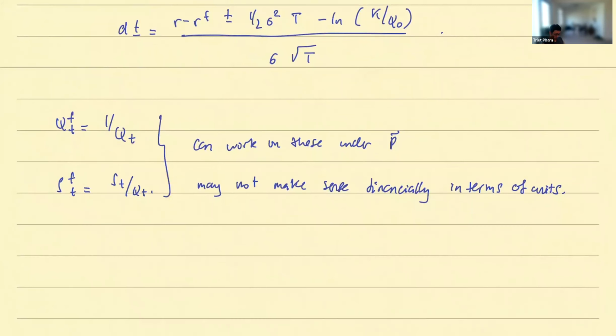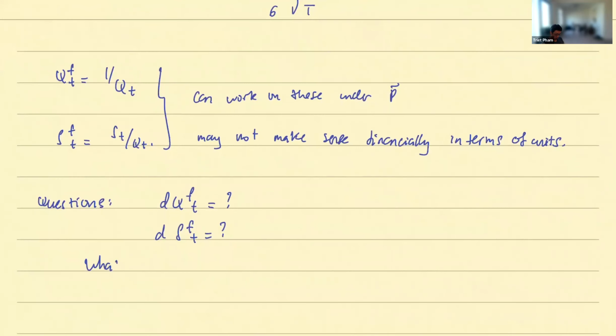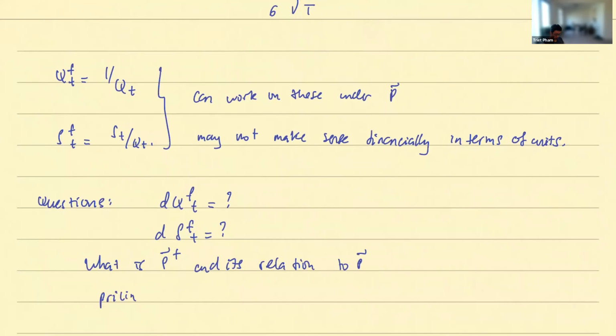So again, let's repeat our questions. What's the dynamic of these under the foreign risk neutral probability? And also, what is P tilde F, and its relation to P tilde? Finally, what is the relation between pricing under P tilde F and pricing under P tilde?